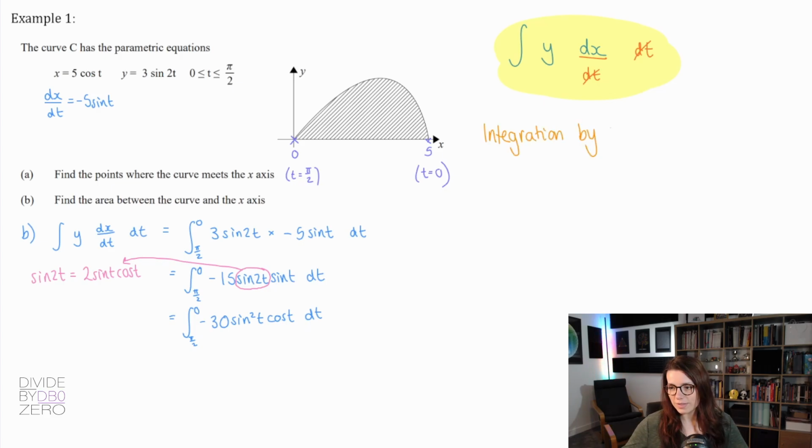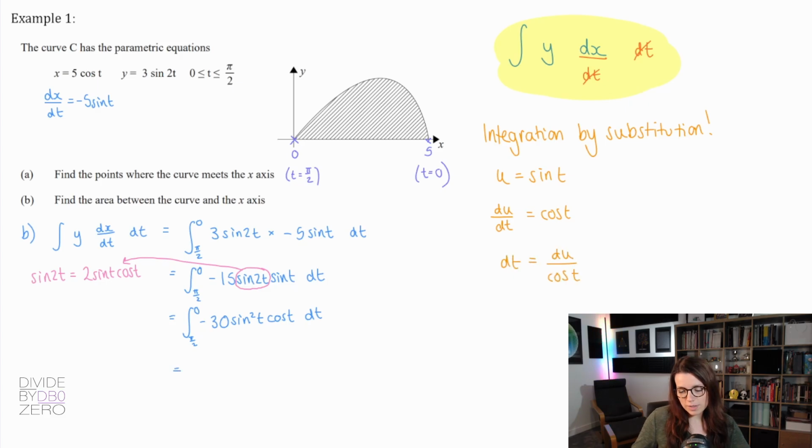So let's do that on the side here. If we let u be equal to sine t, that means du dt is cos t, which means dt is du over cos t. So the integral becomes minus 30 u squared. We still have our cos t, but when we replace the dt with du over cos t, that's great because the cos t's cancel out.